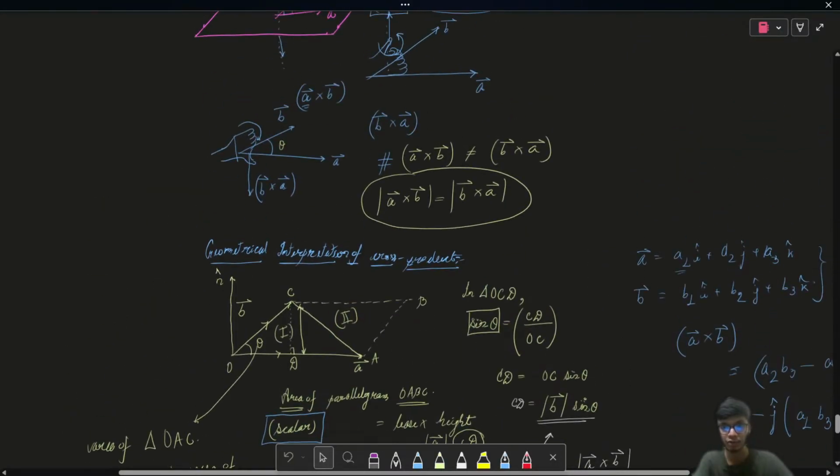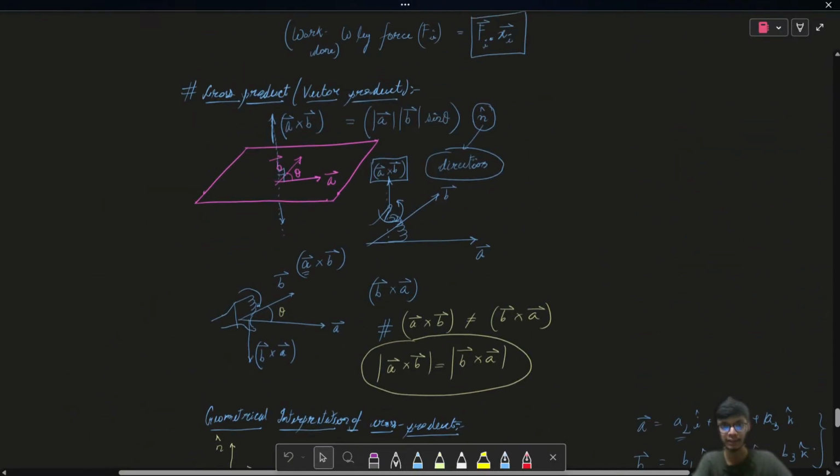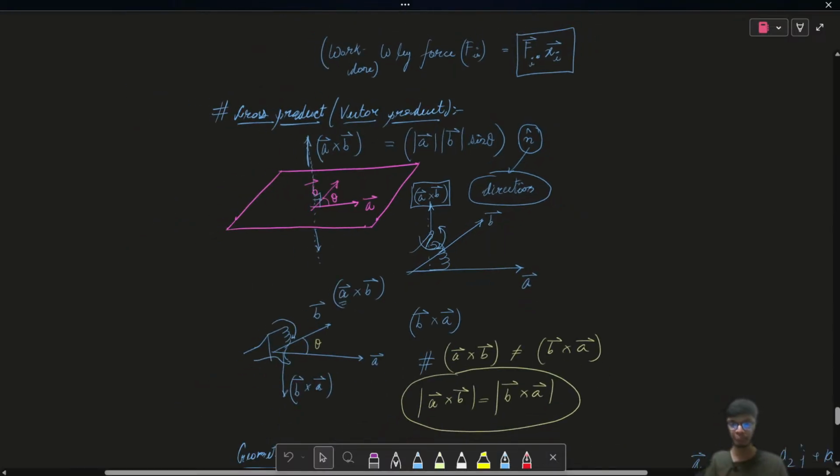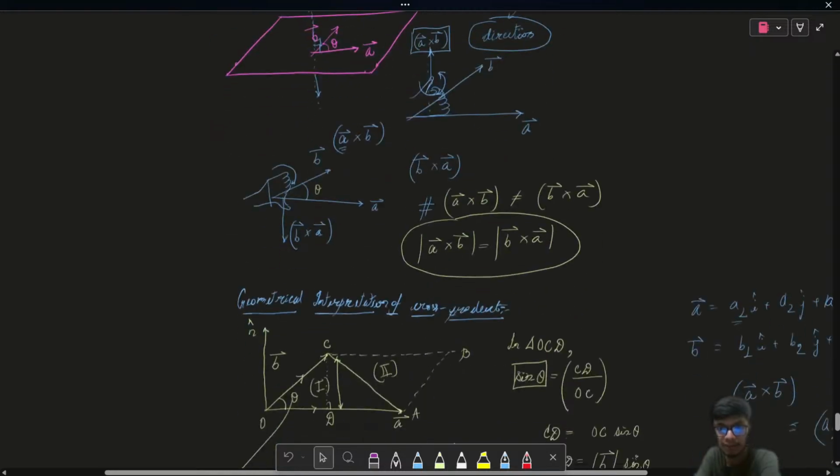We saw that the cross product of vectors is defined as follows: the magnitude of it is the magnitude of a vector, b vector, sine theta, multiplied with a unit vector which denotes the direction normal to both the vectors, out of plane. We also saw how we found the direction of the cross product using the right hand rule, right? These are all the things that we have discussed in our previous class.